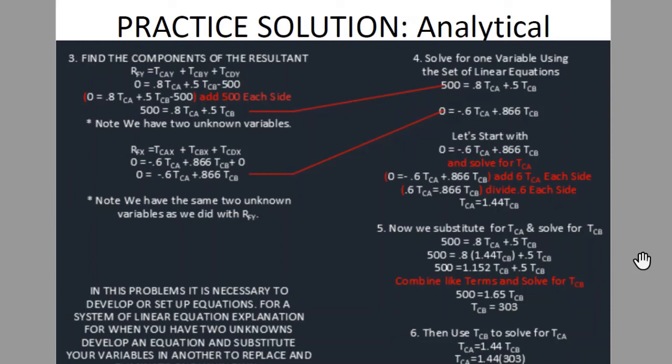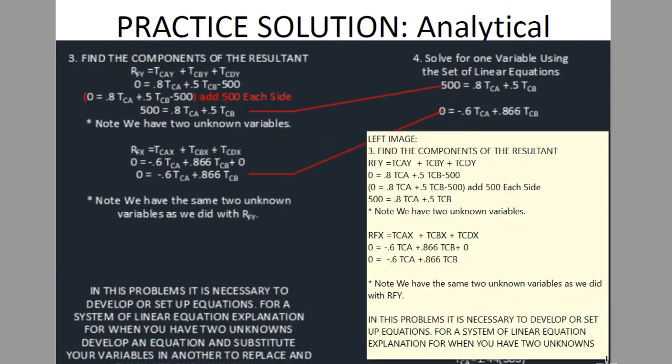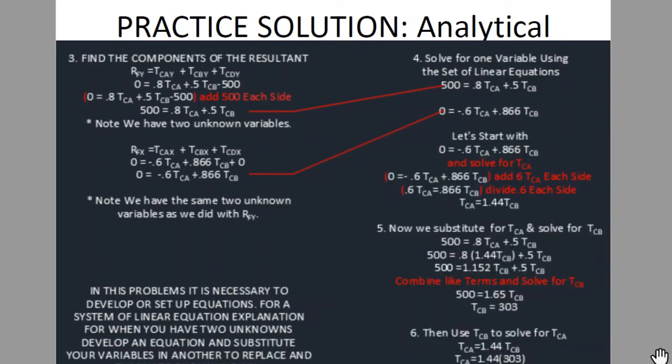Then we combine like terms and solve for TCB and find that TCB is equal to 303. Then we use TCB to solve for TCA, and when we plug it in, we find that TCA is equal to 1.44 times 303. Therefore, TCA is equal to 436.